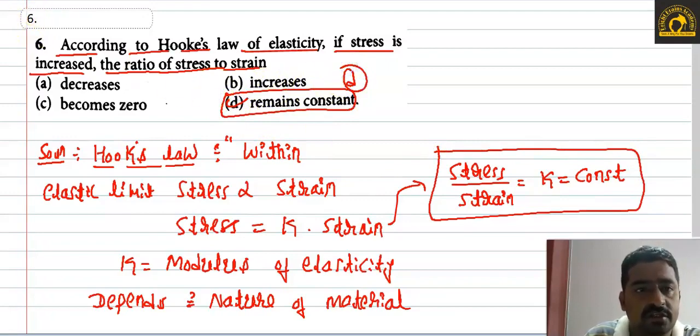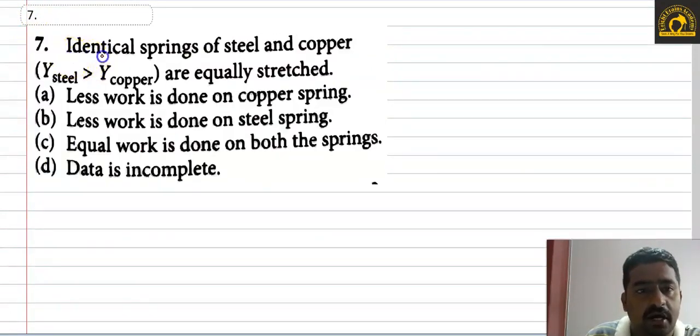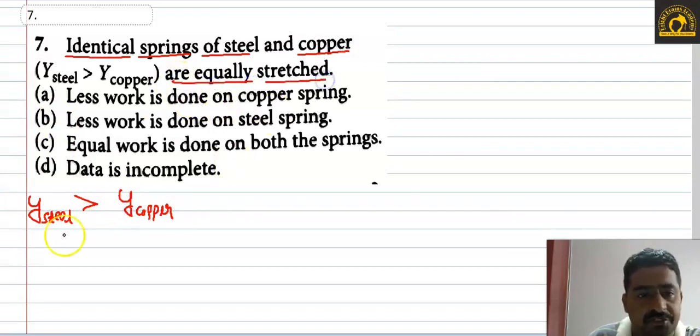Okay, let's go to the 7th question. Identical springs of steel and copper, where the Young's modulus of the steel is greater than the Young's modulus of the copper, are equally stretched.